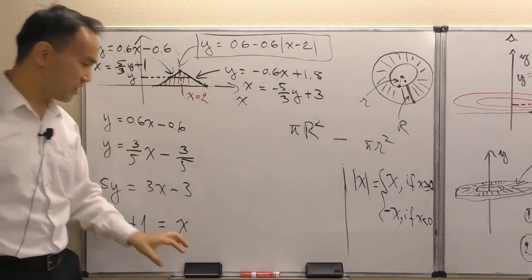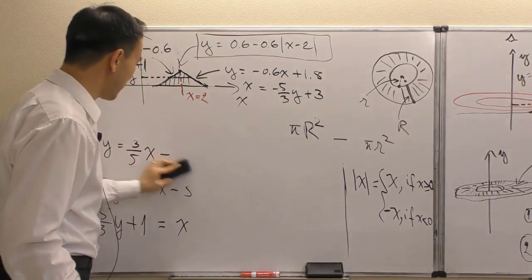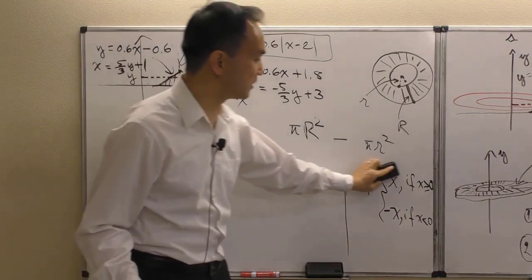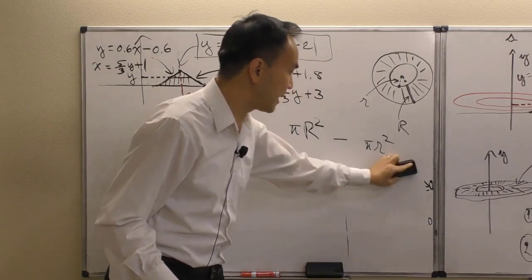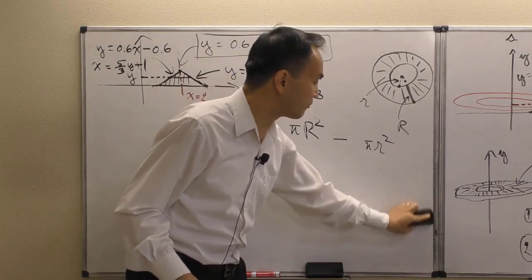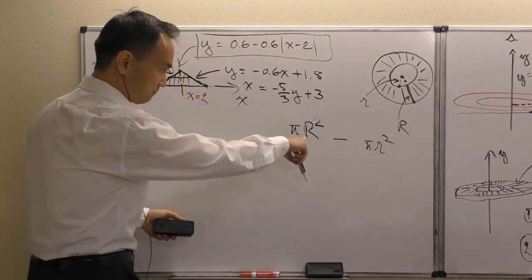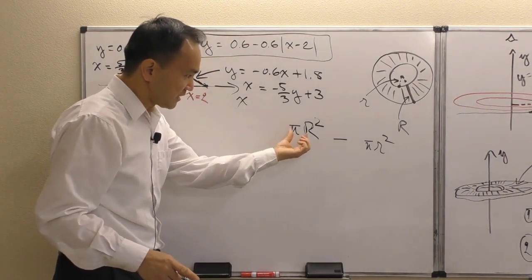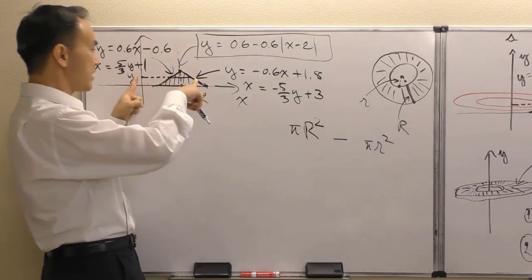And so now, once we have the two boundaries successfully written as functions of y, I'm ready to make my way back to this formula, this ultimate fundamental: pi times a big radius squared. Big radius is here.